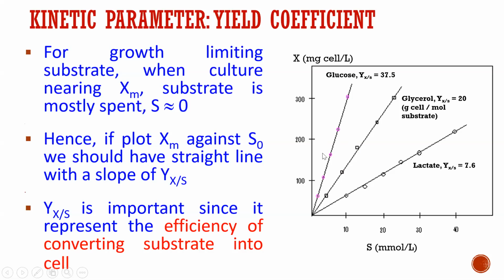The slope of this curve is equal to the yield X over S. So what does this parameter mean? You can see it from the relationship itself: it represents the efficiency of converting substrate into cells. If you put P here, it means the efficiency of converting substrate into product. So it's very clear.